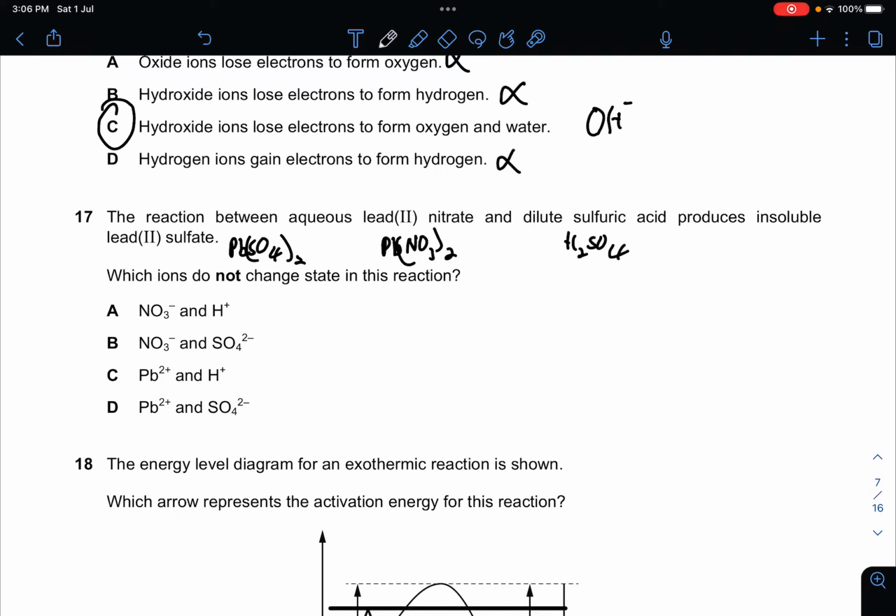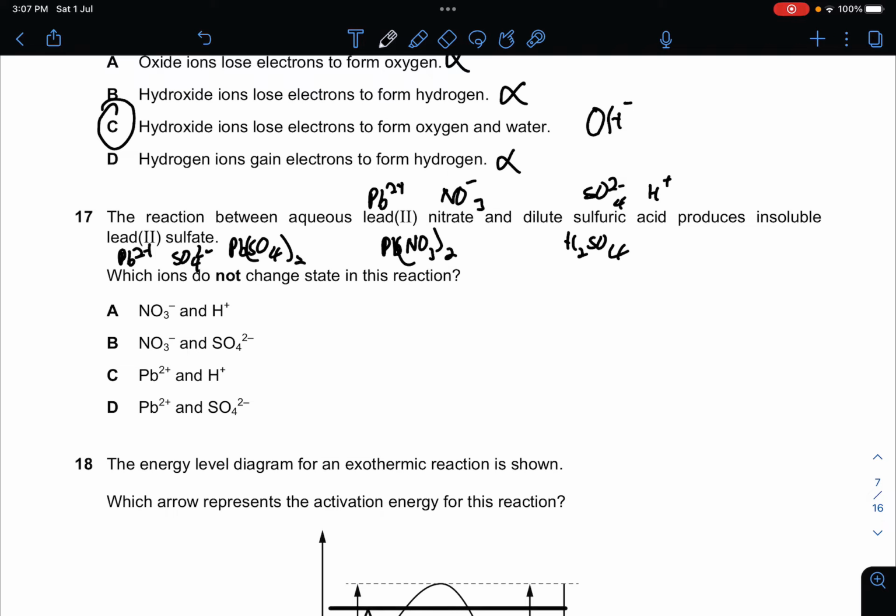So which ion does not change in the end? So the ions, meaning inside here we got Pb2+, and then we got NO3-, and this is SO4 2-, and this is H+. Then we also got Pb2+, and then SO4 2-.